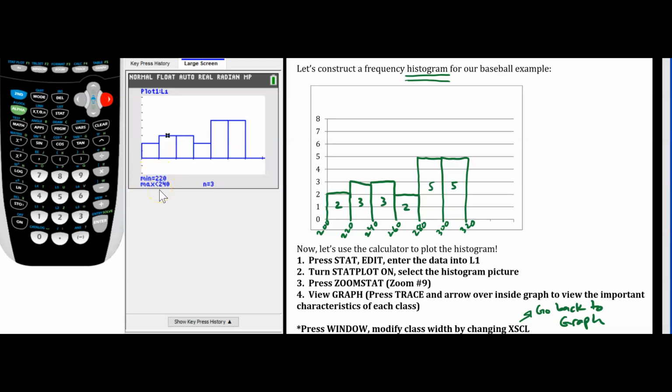So we're able to see everything that we need based upon just plugging our data into the calculator like this. And the nice thing is it also gives us our frequencies that we could fill in a frequency distribution. 2, 3, 3, 2, and then as you arrow over, you would see that this is 5 and this is 5.